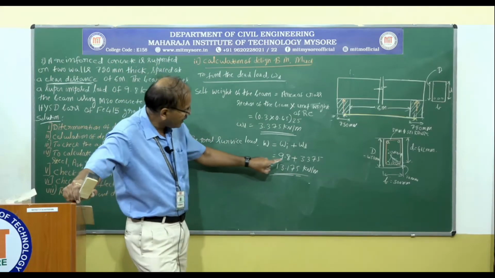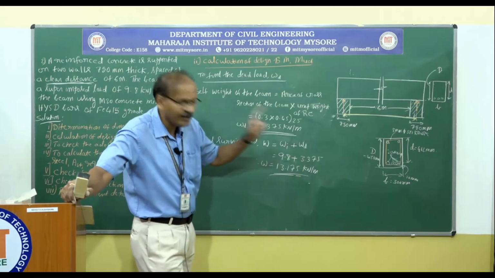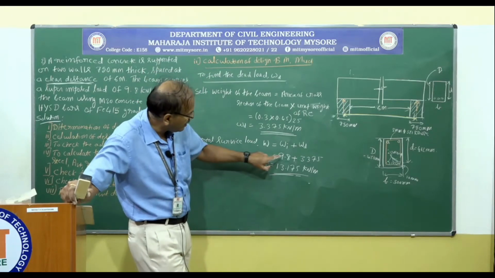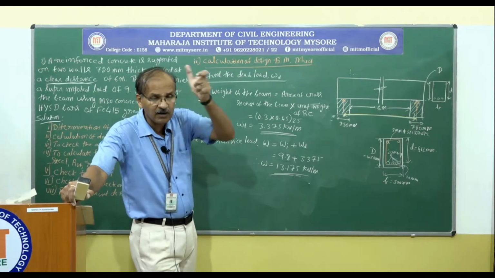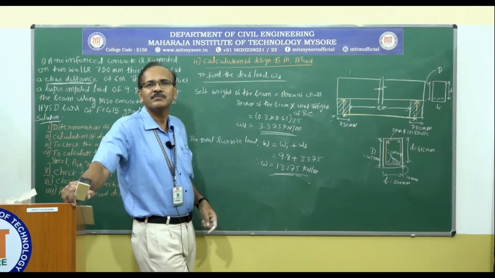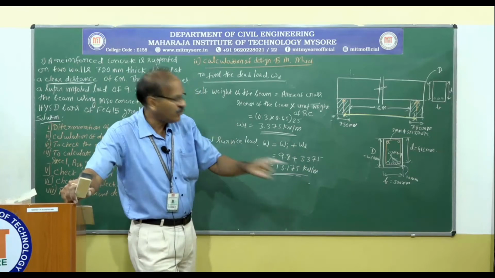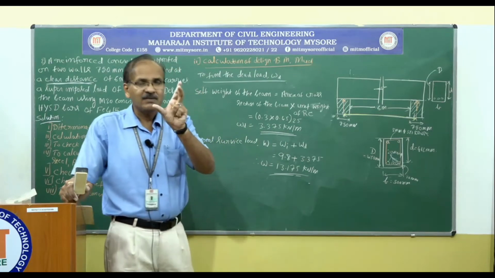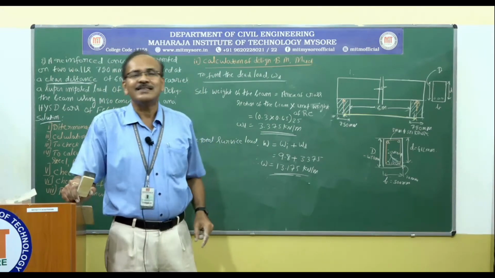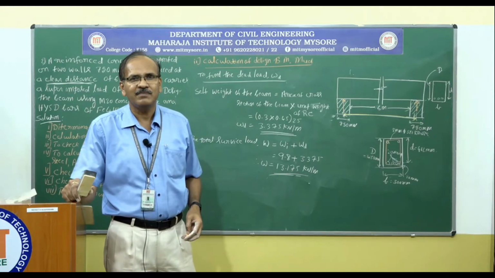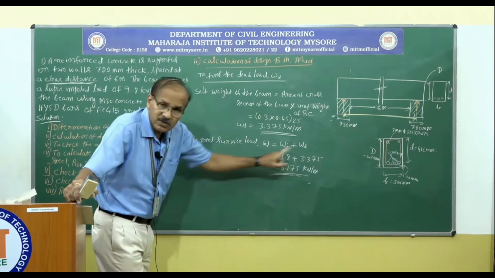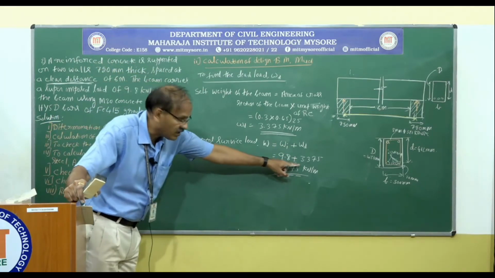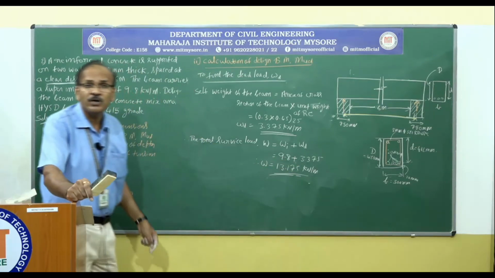In case the load factors differ for live load and dead load, then to arrive at design load you must multiply each value by its particular load factor, say 1.7 for this, say 1.4 for that, and then add them to get the design load finally. Okay, here same 1.5 for dead load and 1.5 for live load. So I have added these two numbers. This is the total service load.